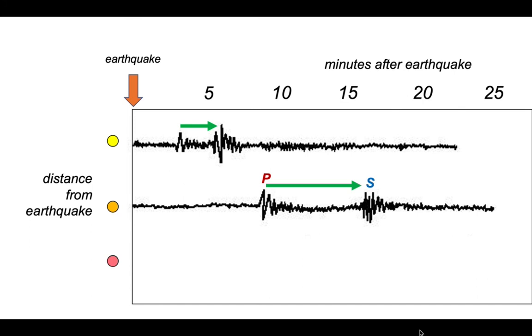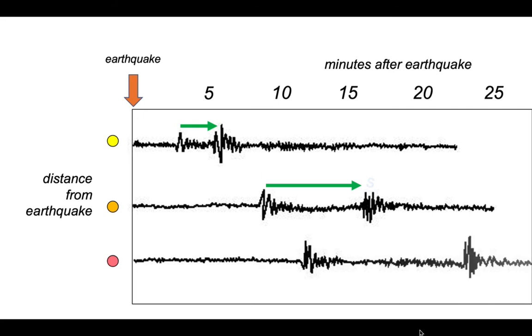And there's a delay between P and S again. So now let's look at the pink station. And again, our energy has arrived at our station later than orange and yellow because our pink station is further away from the earthquake. And there's our P to S delay.